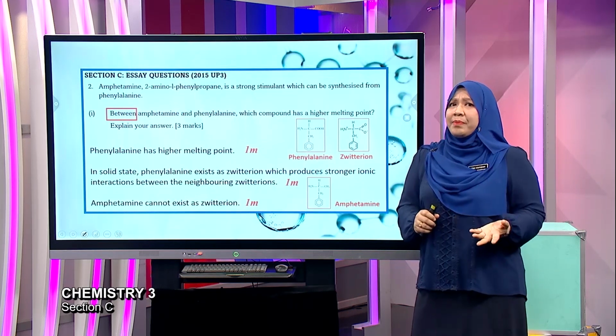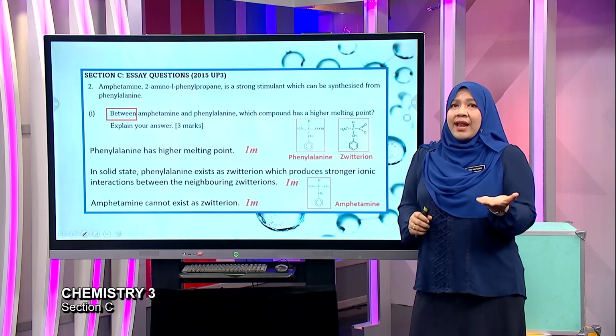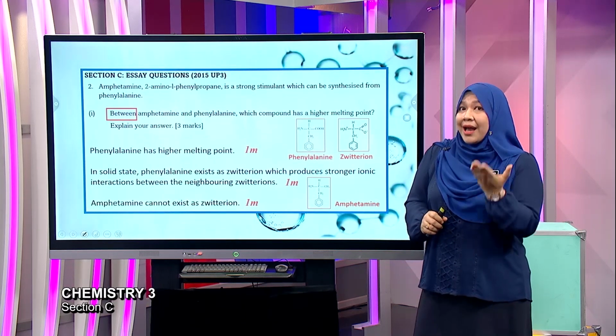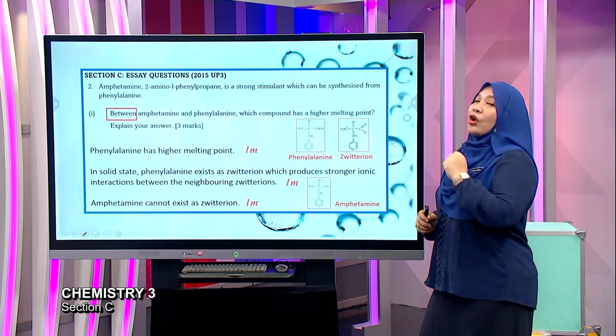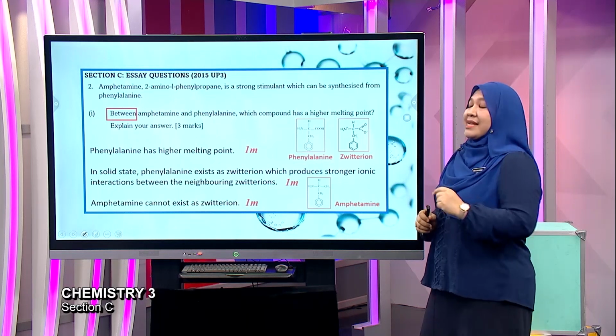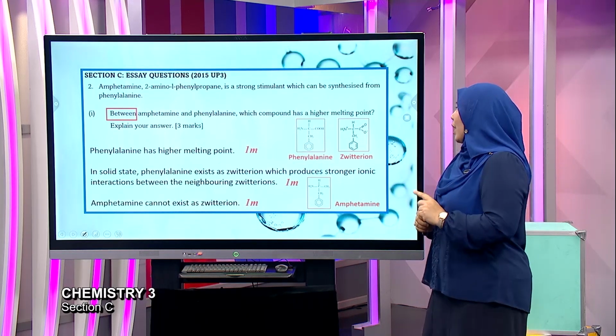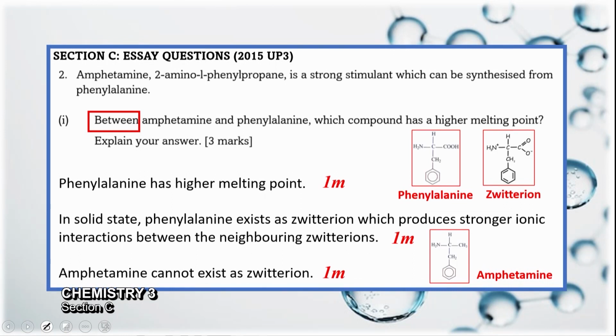And then you have to explain why phenylalanine has a higher melting point. In solid state, phenylalanine exists as zwitter ion, which produces stronger ionic interaction between neighboring zwitter ions. So that will give you 1 mark for explanation.